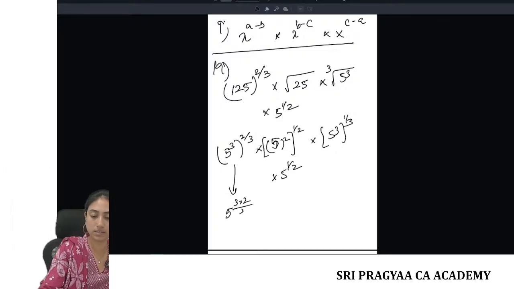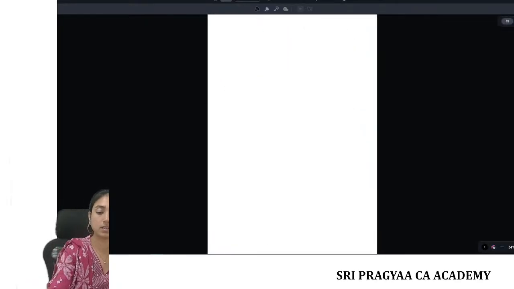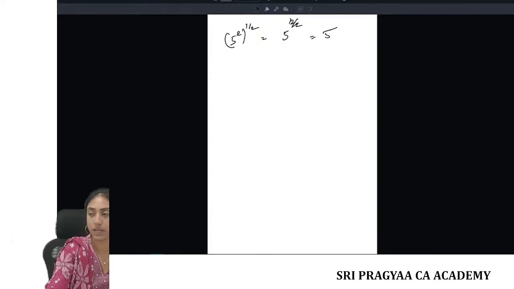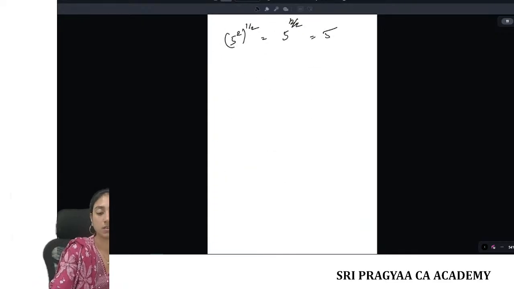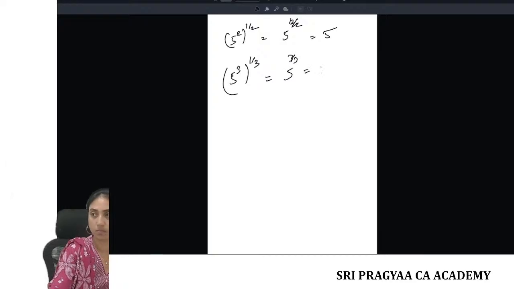I can write this as which will be 5 square. First term. Okay. The second term will be 5. Okay. Third term will be okay.